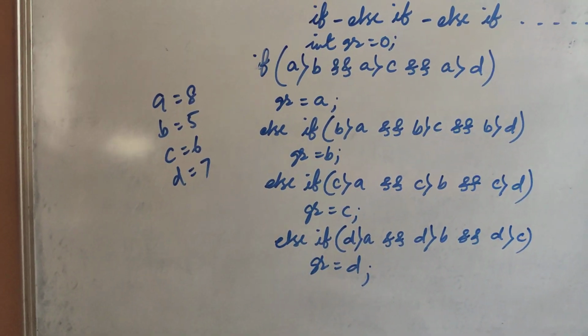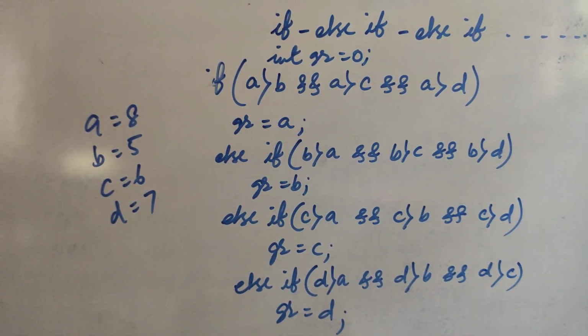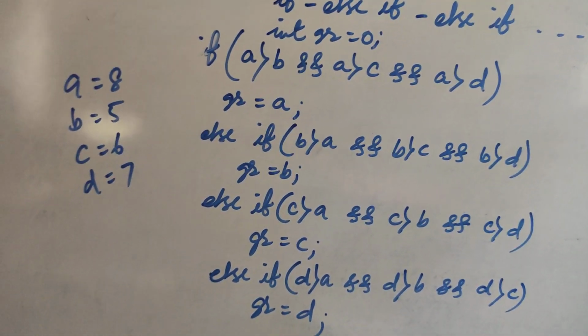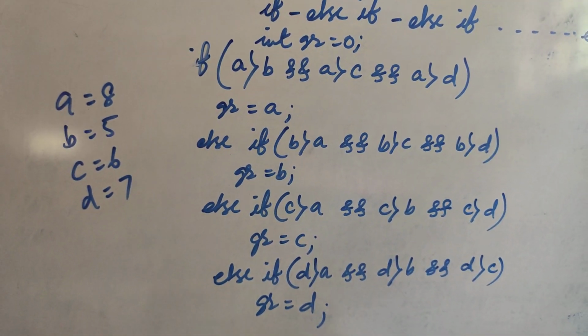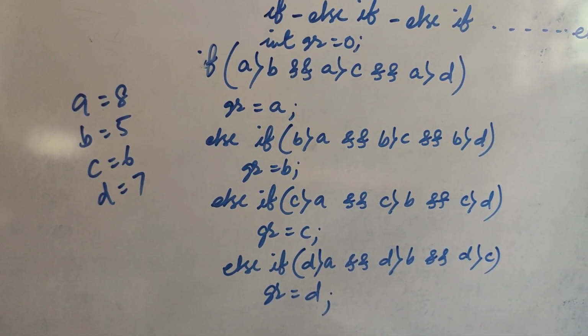See here, 8. And means, as I said, if all the conditions are true, then true. If one is false, then false. See, a greater than b: a means 8, b means 5.